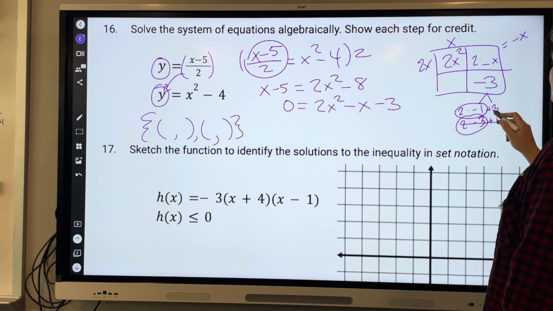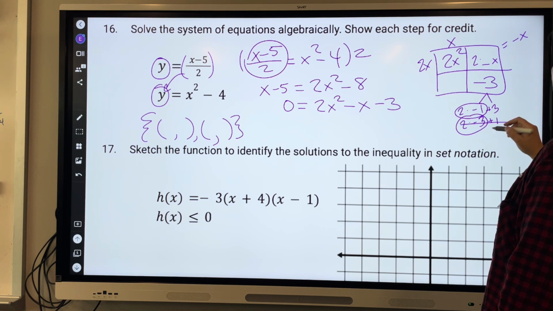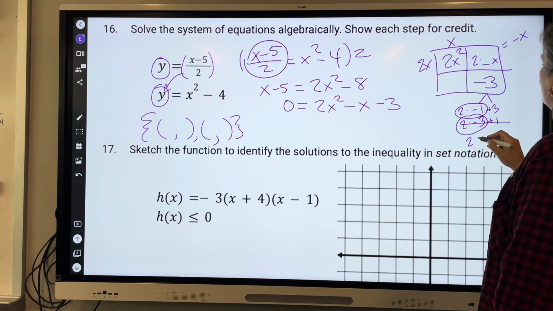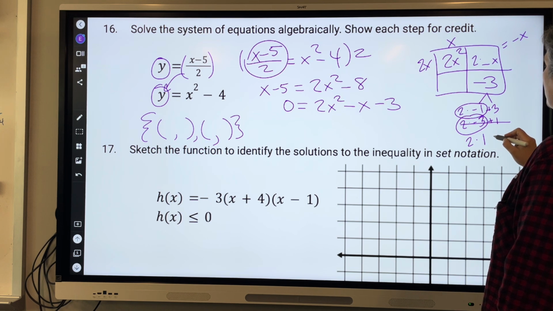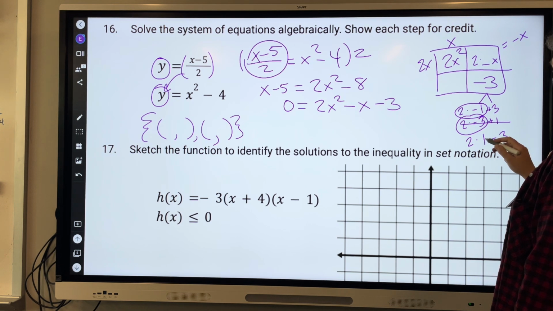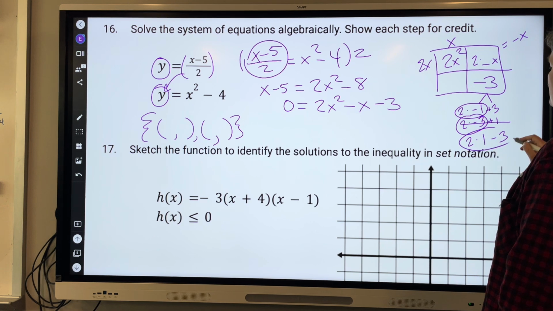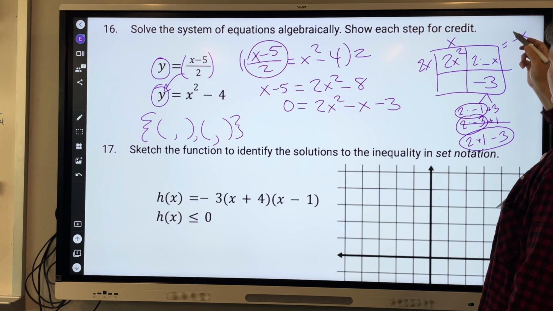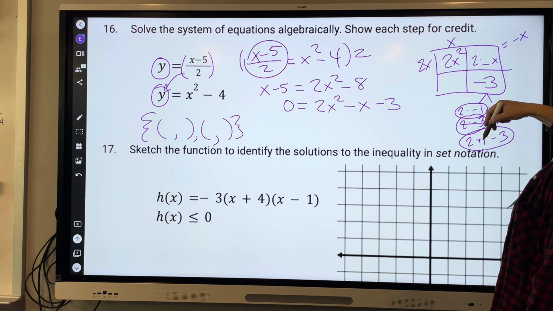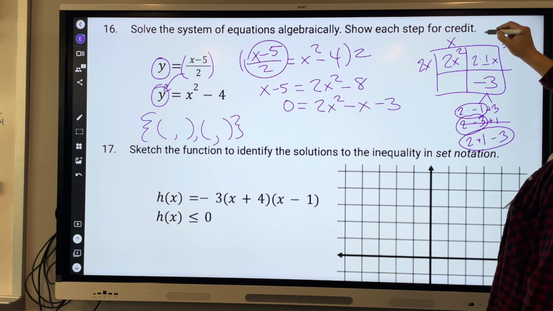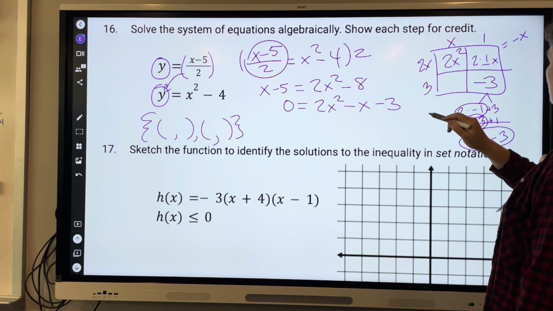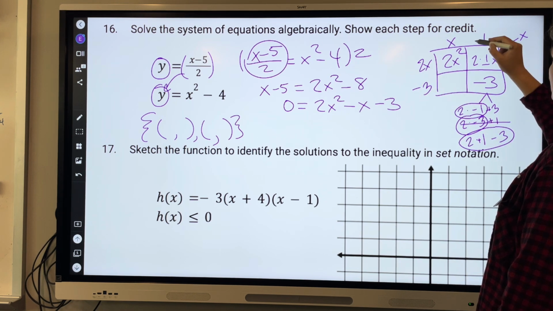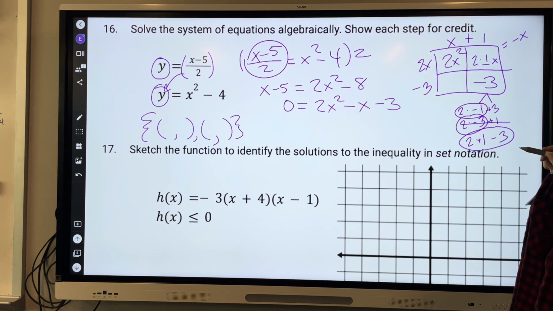Negative 2 plus 3 gives me a positive. Maybe I should have done 2 times positive 1 minus 3. That'll give me 2 minus 3. Yes, that's better. So I want a positive 1 and a negative 3, and I want the 1 to be where it'll be doubled. So the 3 will be negative, and the 1 will be positive. Let's see if that works out.